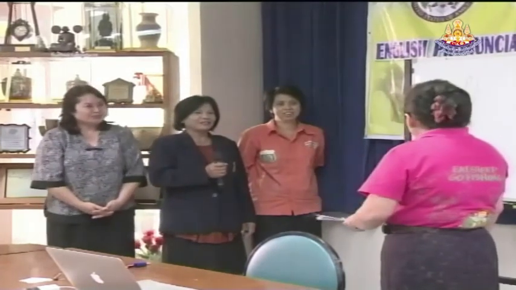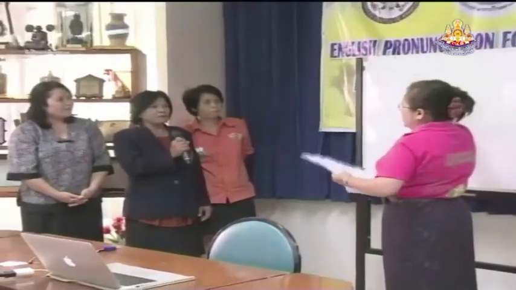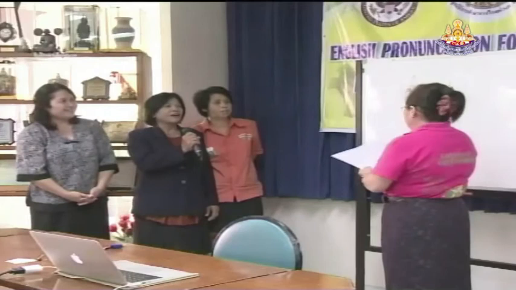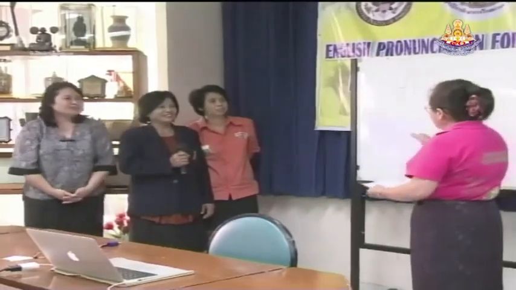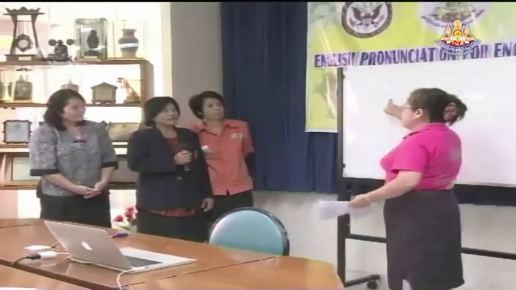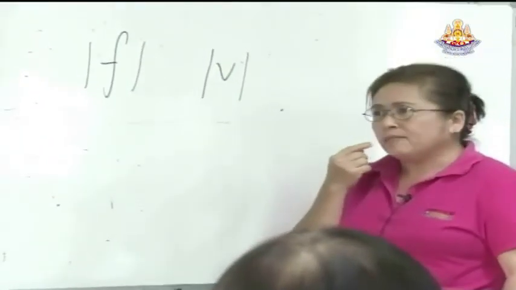Good afternoon, students. How are you today? Good afternoon. I'm fine, thank you. And you? I'm fine. Okay, today we will learn the sound F and the sound V. Listen to me carefully. The sound F, and the sound V. Look at me, look at my lips and my teeth.